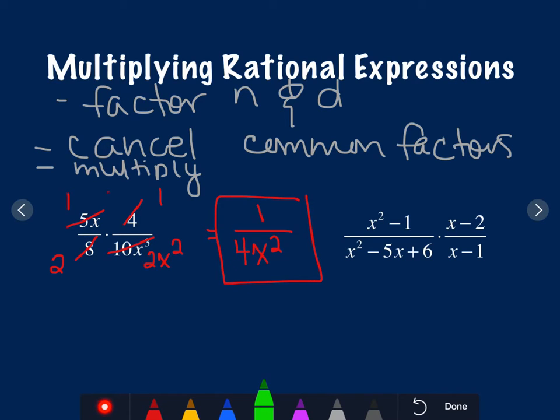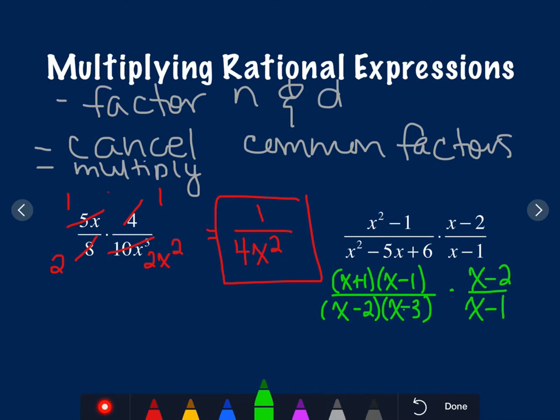Let's do the same thing for the problem next to it. Let's first factor the numerator and denominator. X plus 1 times x minus 1 over x minus 2 times x minus 3, times x minus 2 over x minus 1.